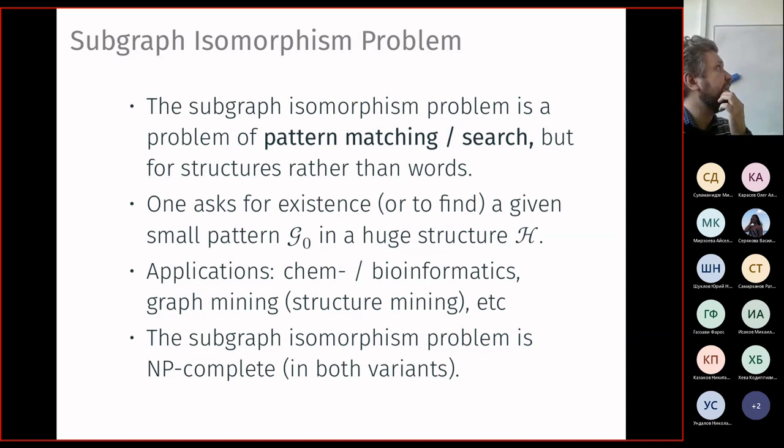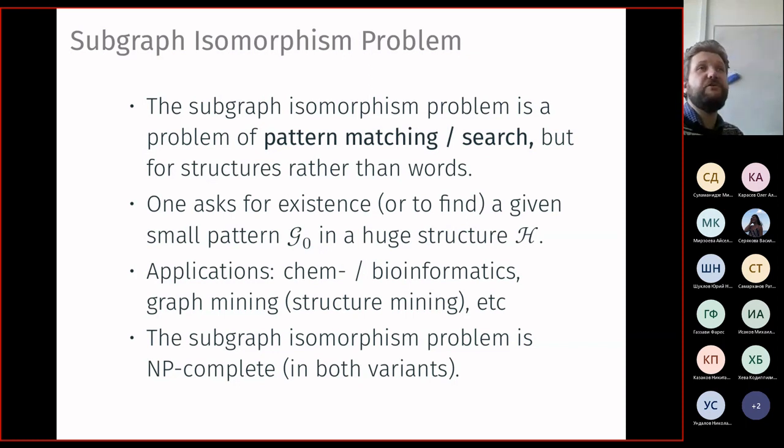If P is not equal to NP, then in general subgraph isomorphism is not solvable in polynomial time, but of course specific cases are. For example, if the size of G0 is fixed, then it's going to be, of course, polynomial, but the degree of the polynomial will grow with the growing size of G0.